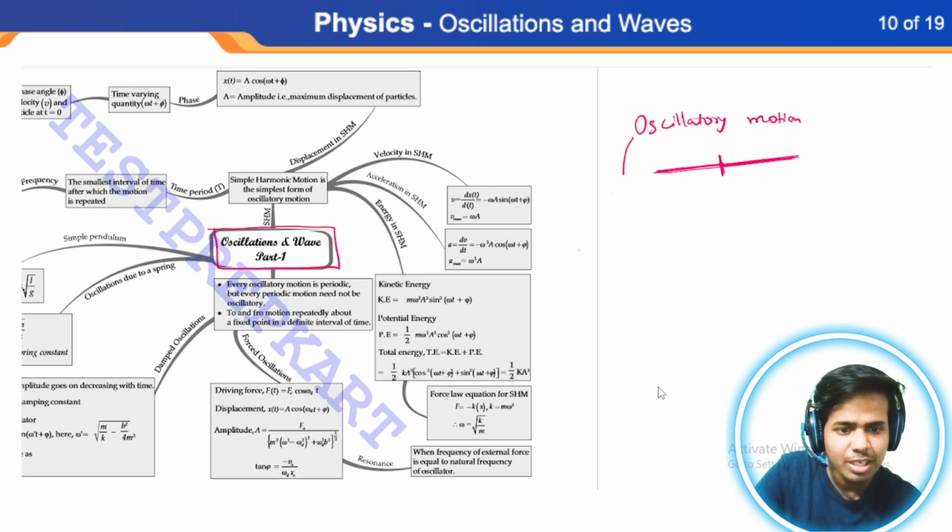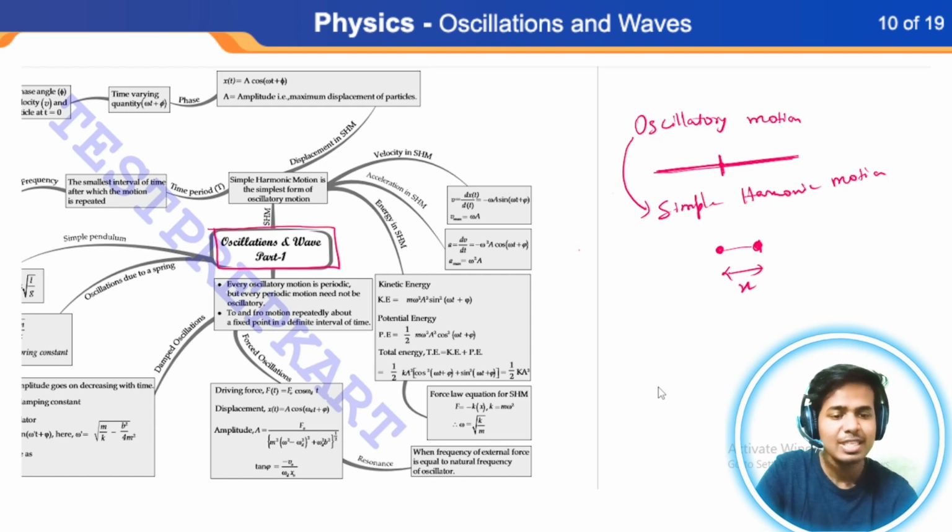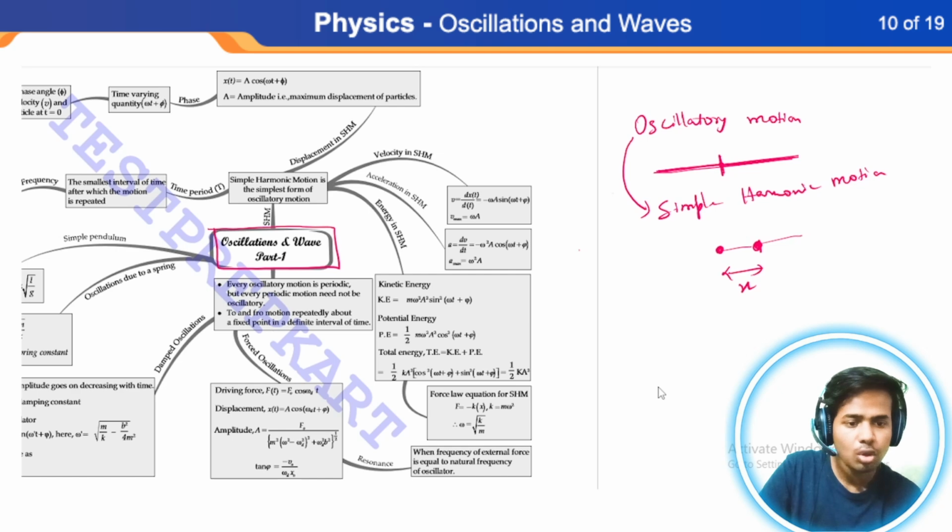Now, a special type of oscillatory motion is called simple harmonic motion. Let's say this is the mean position and the particle starts from here. Let's say it is here after some time, covering some distance x. Then the force exerted on the body will be restoring in nature, because every particle would like to return to its original position.